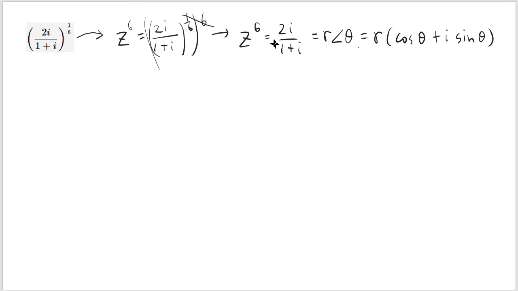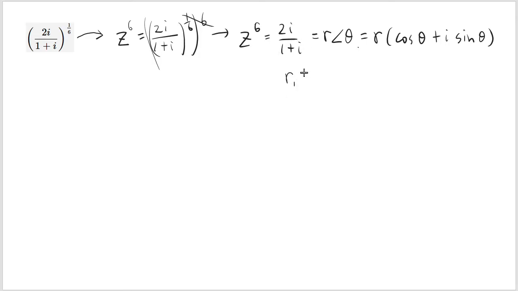Because you want z to the 6th power written in polar form, we're not going to do the usual division, where you multiply the conjugate of the denominator top and bottom. Instead, I'm going to make both top and bottom polar form.